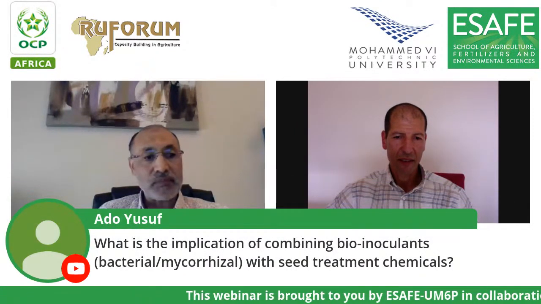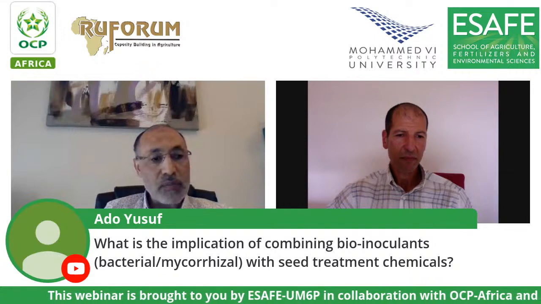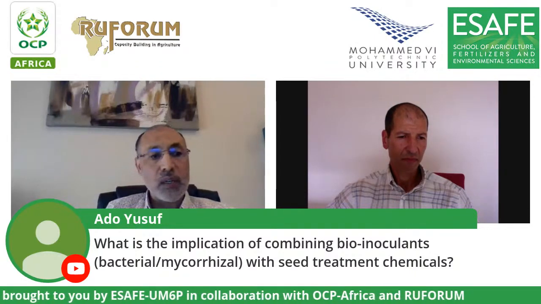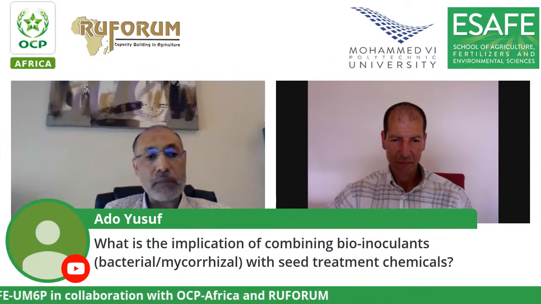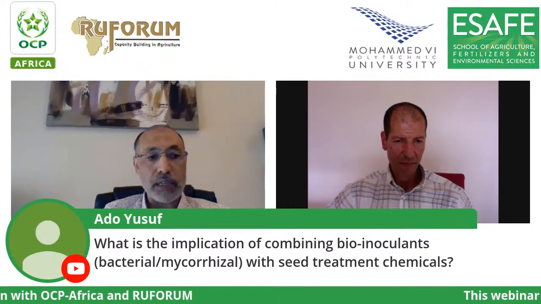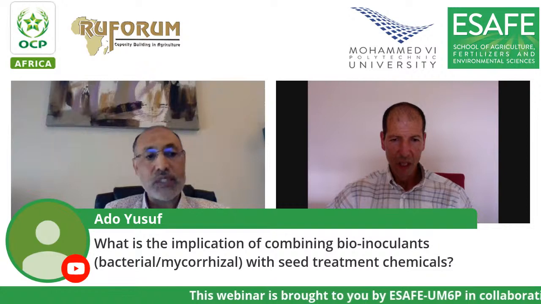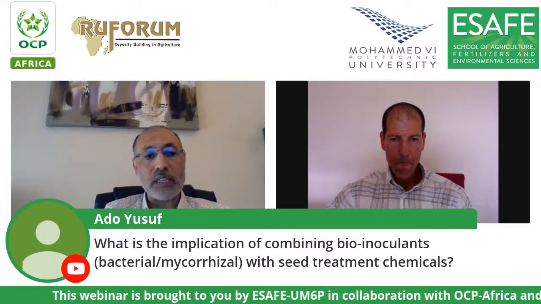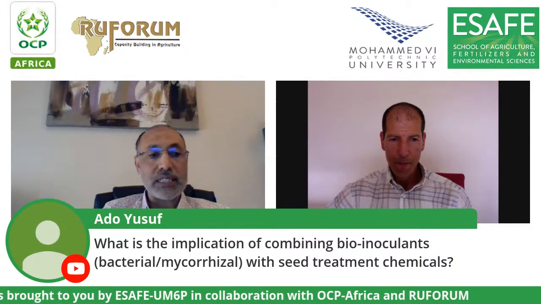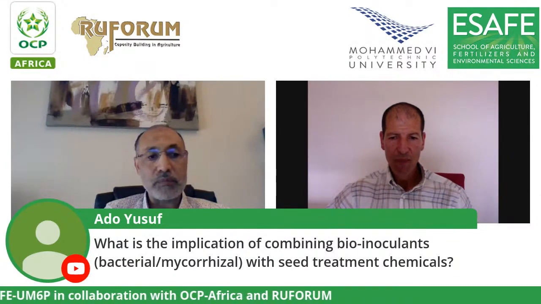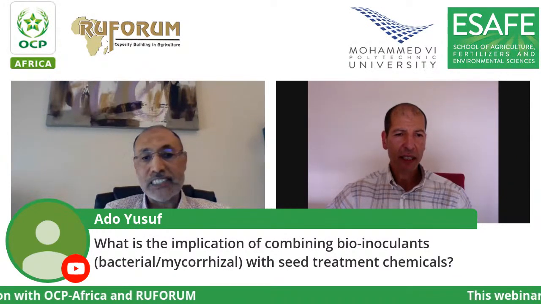Okay. We have a question from Ado Yusuf. What is the application of combining bioinoculants, bacteria or mycorrhiza, with seed treatment chemicals? Do you see any negative effects, in other words, of the chemicals on the microbiome? Yes, this technology exists already.